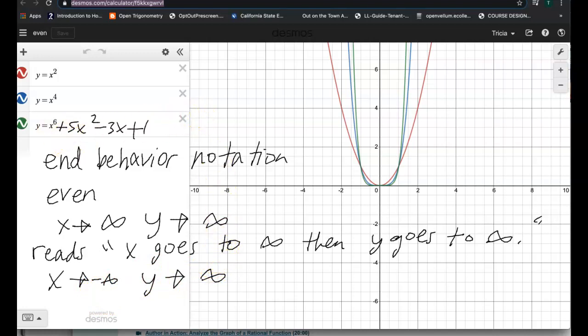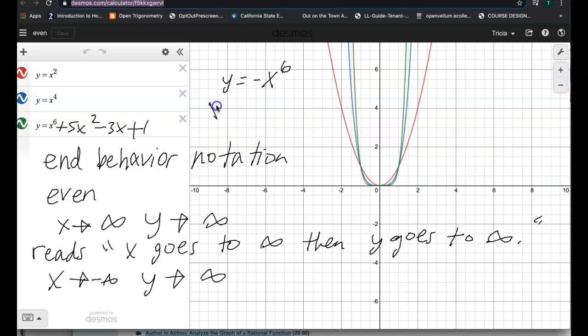And so even if our function was y equals negative x to the 6, then we need to know that as x goes to positive or negative infinity, y is going to negative infinity.